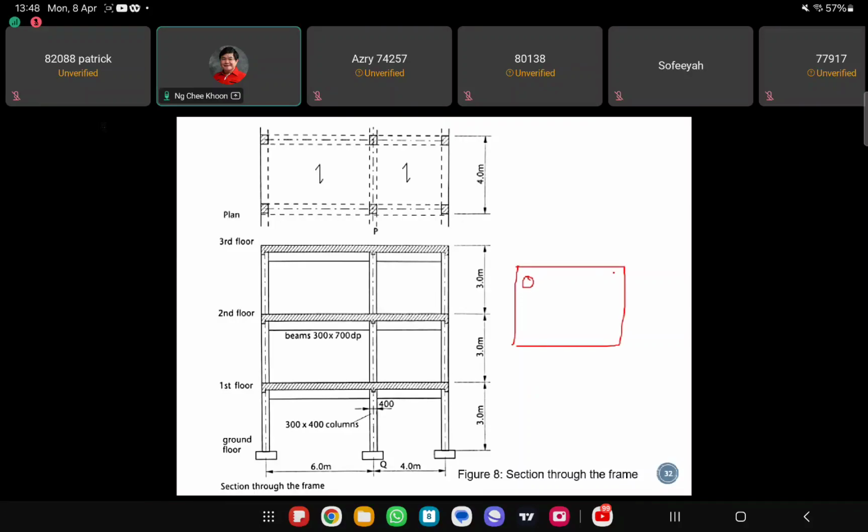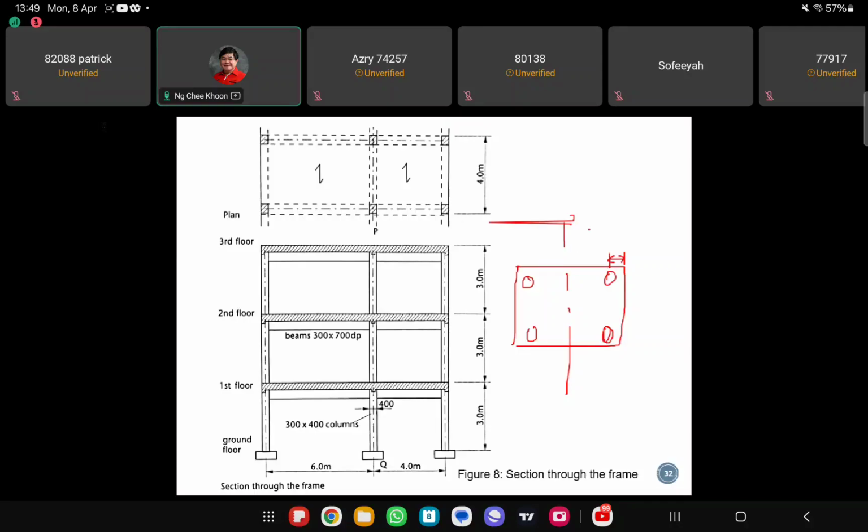Okay, you have reinforcement like this, right? And then if this is the axis of bending, then D2 is measured along the H value.